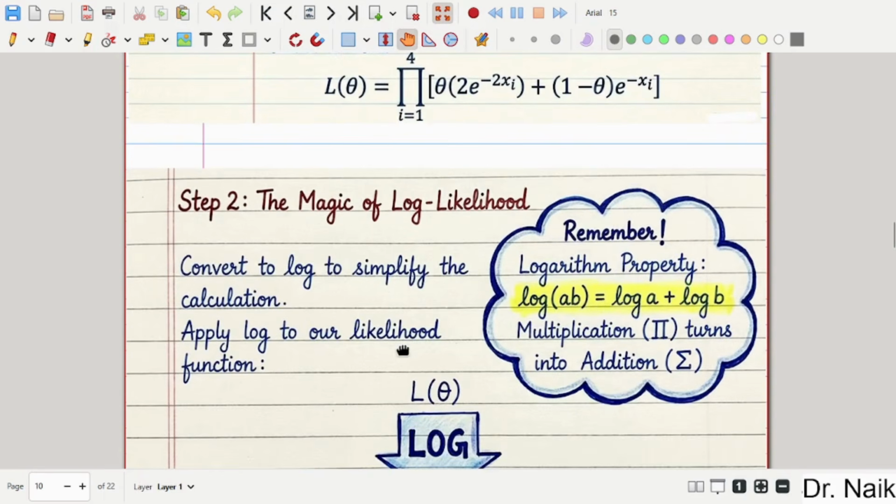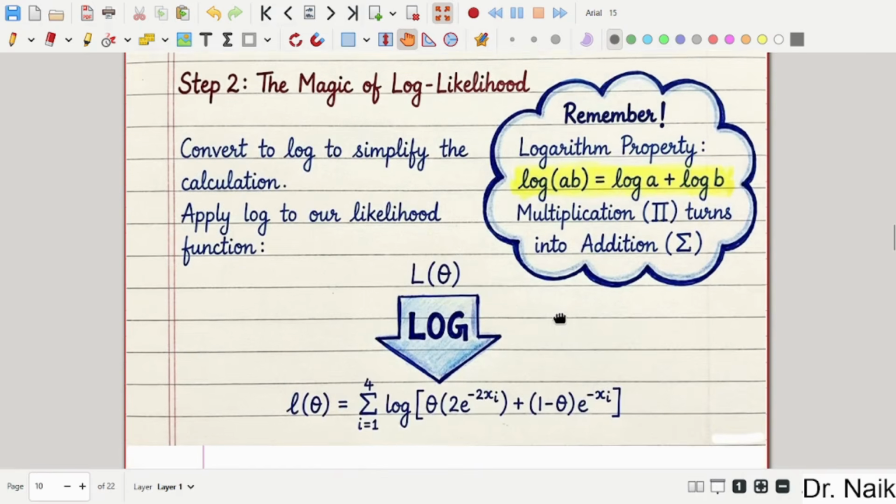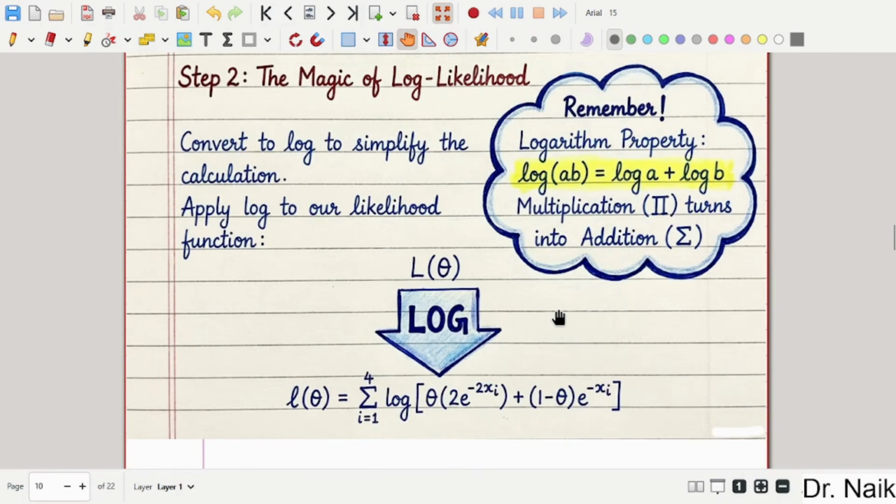Now remember that log of AB is equal to log A plus log B. This is our logarithmic property. The multiplication turns into addition. So apply this to the likelihood function.